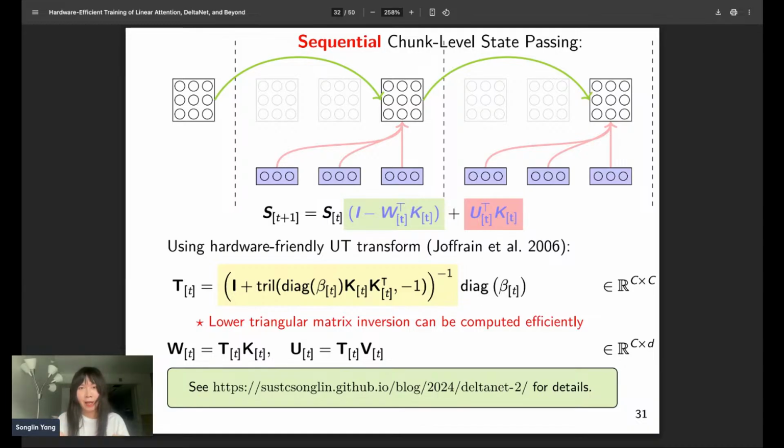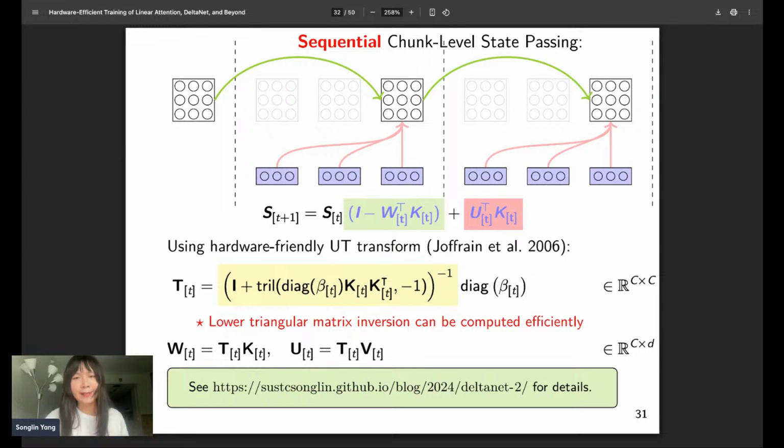We can adapt linear attention's chunkwise algorithm to the DeltaNet case. First off, for the state update, we need to consider the state transition matrix as well. For vanilla linear attention, we can view the state transition matrix as the identity matrix, so it basically does nothing.